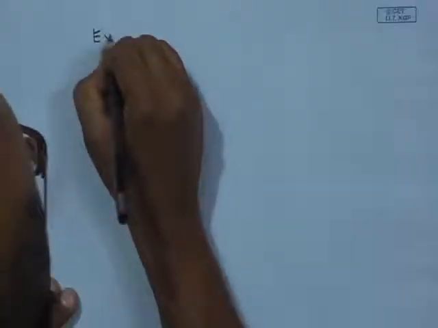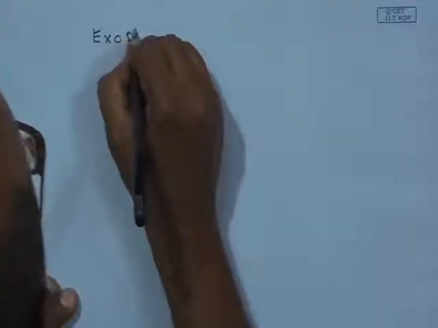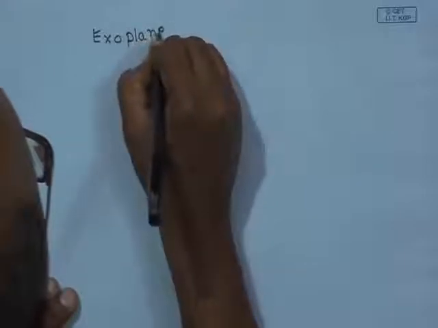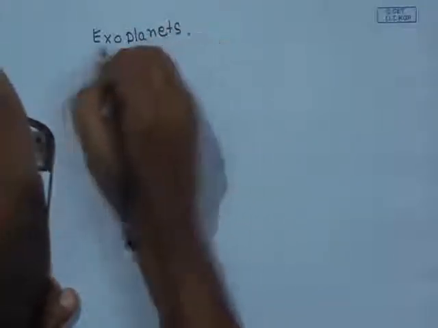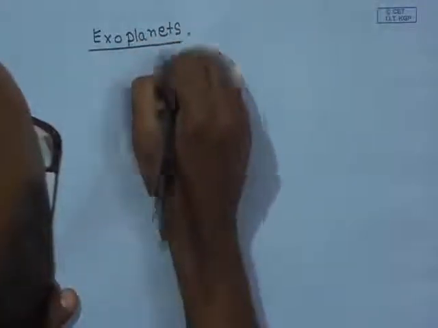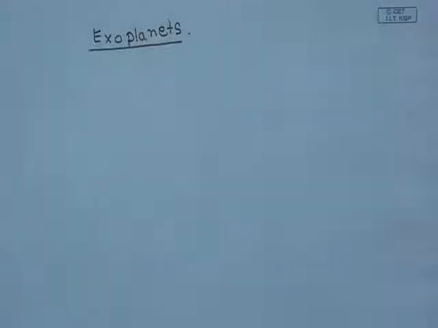Let me now move on to something else that is related to binaries, something that is very exciting and a very active area of research at present, and this is the topic of exoplanets. So, what do we mean by an exoplanet?